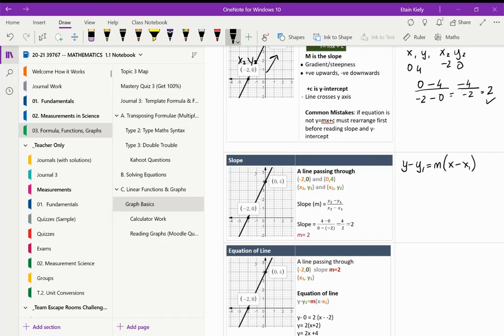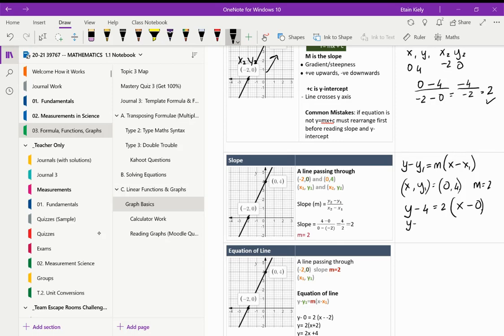And once we have a coordinate pair, x1, y1, which we know is equal to 0 and 4, and we have m, which is 2, which we worked out already, we can plug all these values into this equation. So it's going to be y minus y1, which is 4, is equal to 2 times x minus x1, which is 0.